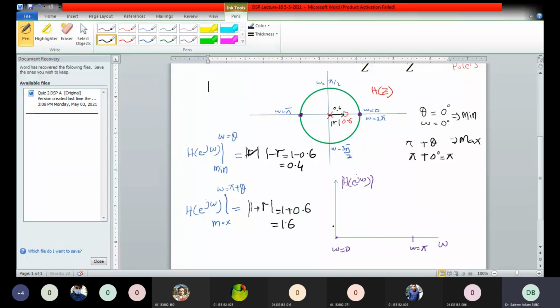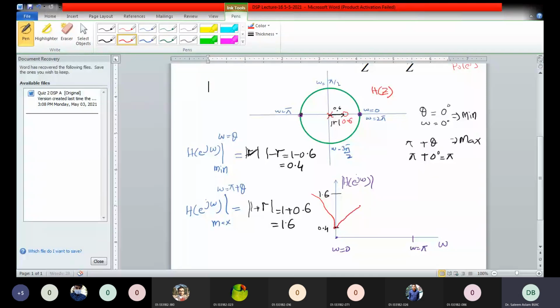So it means that we have two values. One is 0.4. The other value, let's consider 1.6, is the maximum value. So what is the angle of the minimum value? The angle of the minimum value is 0. So we need to draw its rough magnitude plot like this.